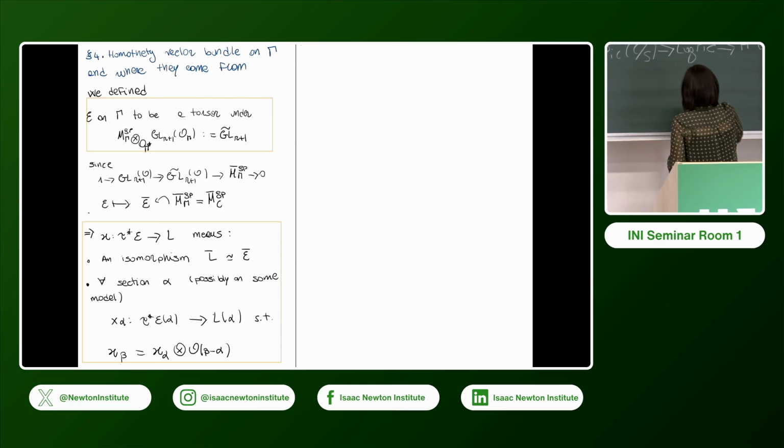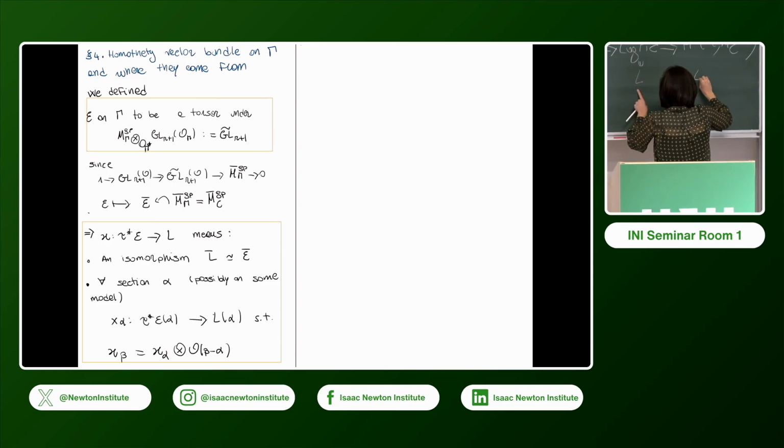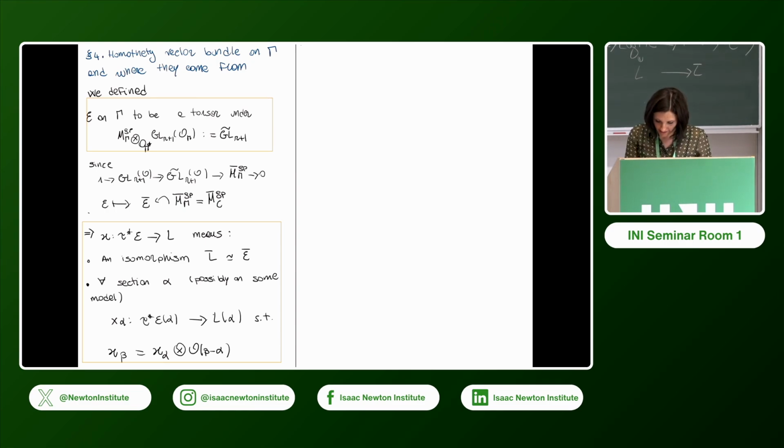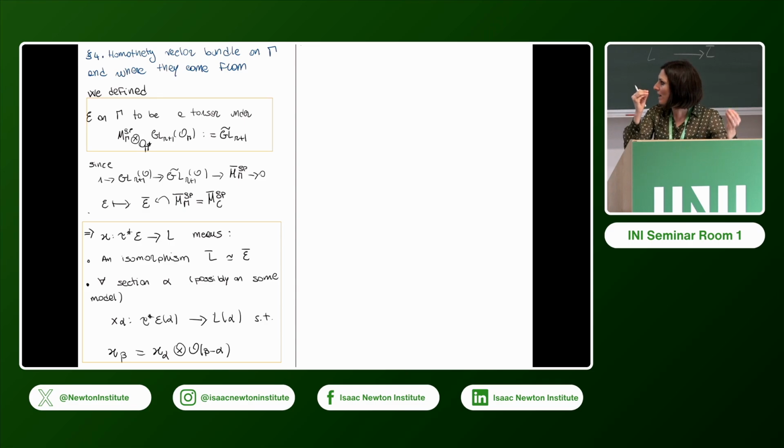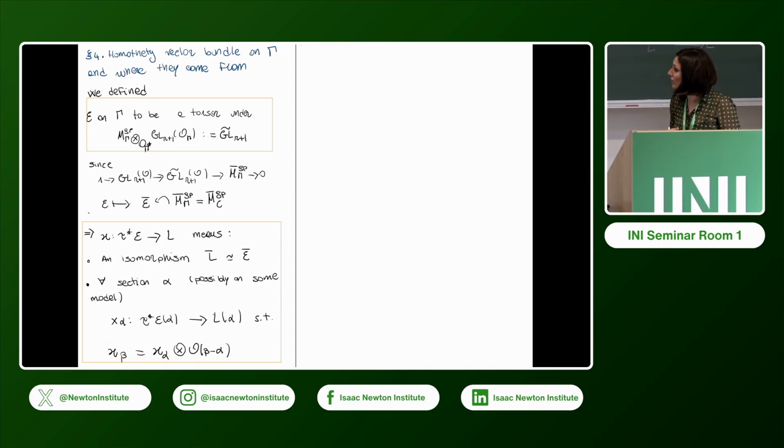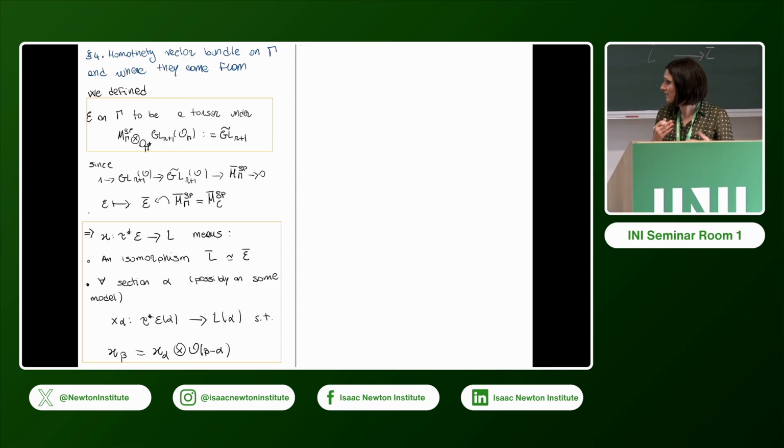So if I have some object in here which gives you a trivial object in here, it means that it was actually coming from a line bundle. So every time I have this section, I can lift both this log line bundle and this vector bundle up to homothety to an honest line bundle and an honest vector bundle, and I have a map between them. And this map has to satisfy some compatibility condition, namely that if I have another section, then the two given maps just differ by the addition of this section.